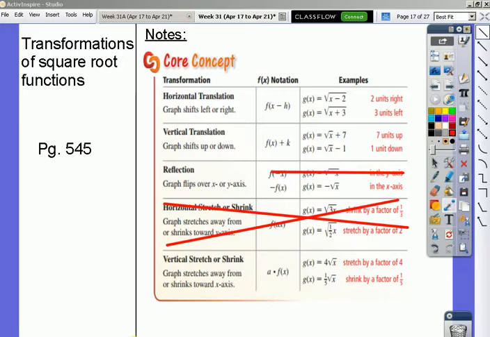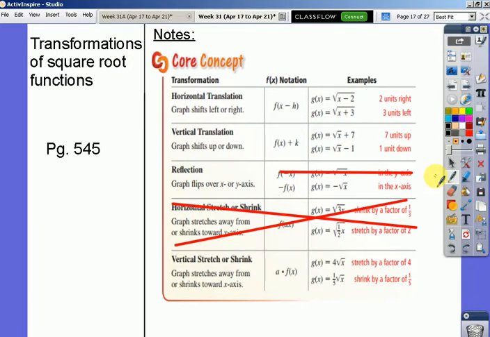So one of the things that I wish your book did, that they don't do on this slide, is give you the general form. So the general form of a square root function is f of x or y equals a times the square root of x minus h plus k.